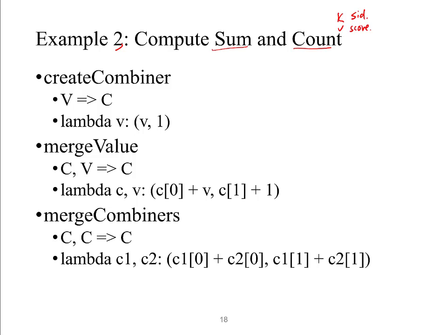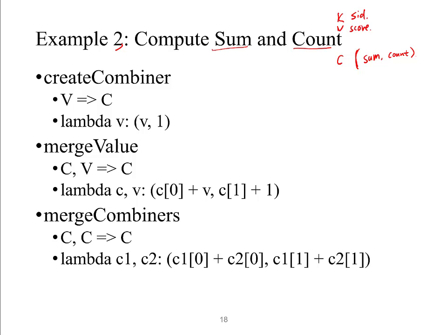So here, the C, the combined type, would be sum and count. Okay, so now let's think about how we get a sum and count for the records of SID and score.